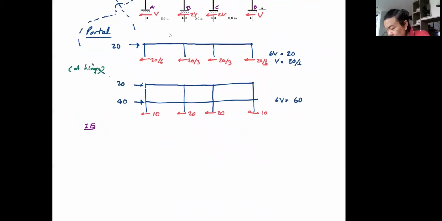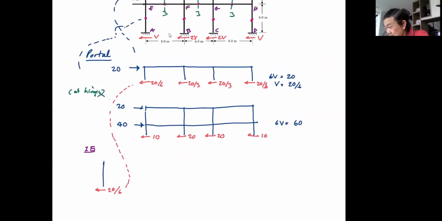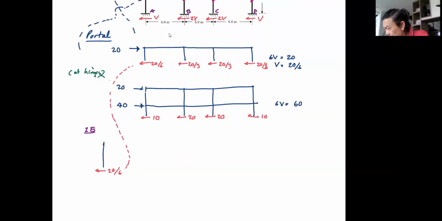When you look at member IE, well, now what do we know? This is the free body diagram of IE. You know that this is from this. You know that this is 20/6, correct? From here. And since this is the free body diagram, let's try to have everything.